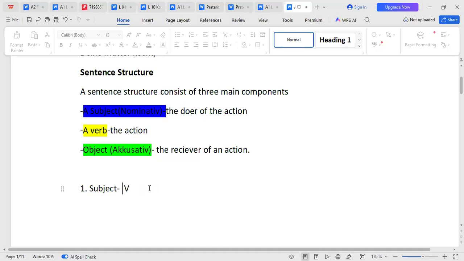The verb steht normalerweise. We have a subject, verb, and object. This is the normal one, the SVO, the simple one.